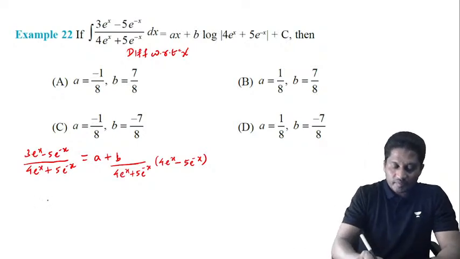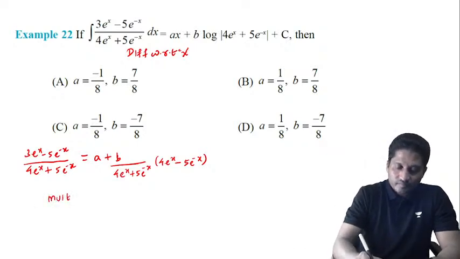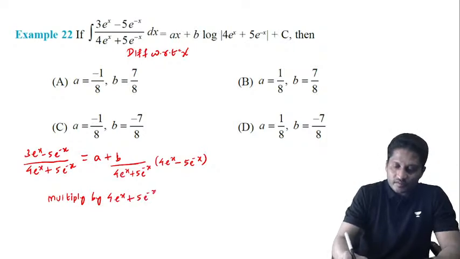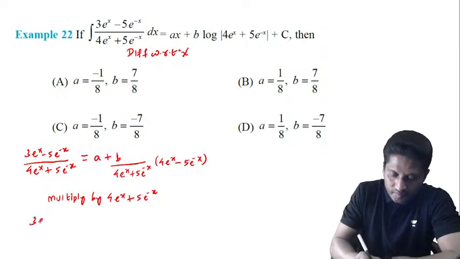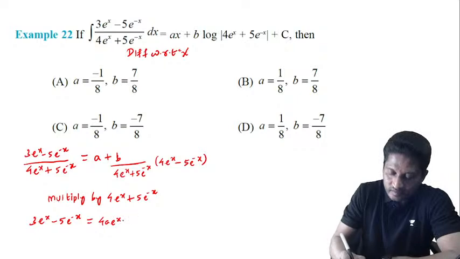Alright, now if I multiply by 4 e power x plus 5 e to the power of minus x throughout, this becomes 3 e power x minus 5 e power minus x is equal to 4a e power x plus 5a e power minus x, plus if I multiply you get 4b e power x minus 5b e power minus x.